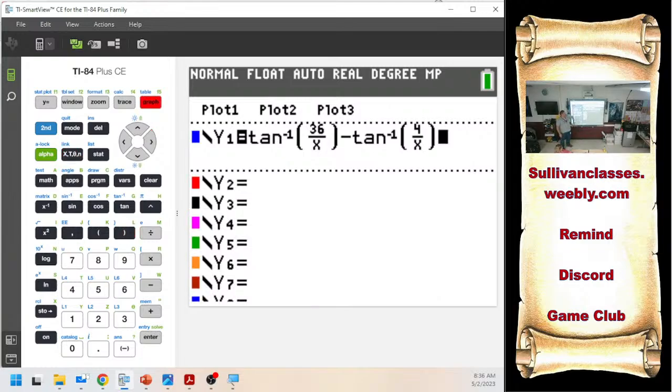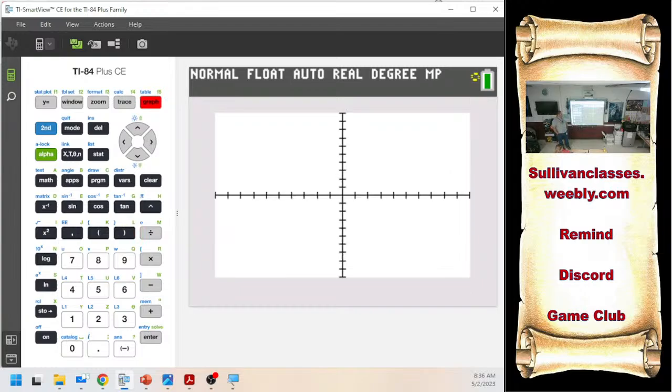Now, if I hit graph right now, I'm not going to see too much because my input is distance away from the screen. My output is the angle that I can see. This is 10 by 10. So that would mean I'm only about 10 feet away from the screen, and I can only see 10 degrees of it.